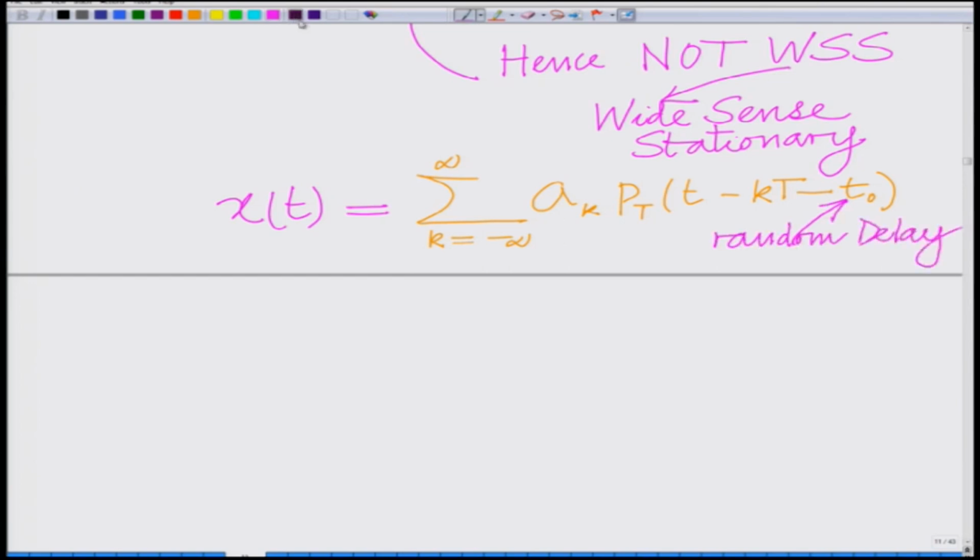So, this quantity tau naught is a random delay of the signal, and this is uniformly distributed.